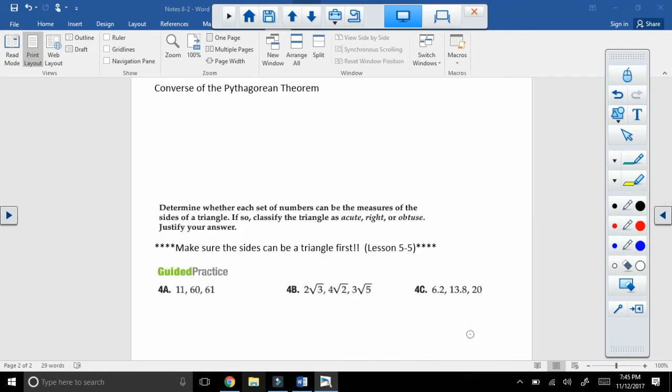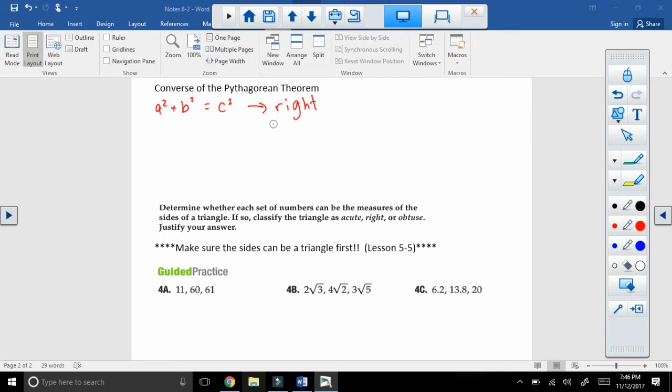And for this last part, the converse of the Pythagorean theorem, instead of starting out knowing that it's a right triangle and then saying that a squared plus b squared equals c squared, the converse would say if a squared plus b squared does equal c squared, so if you have all those sides and you know that first, then that will make it a right triangle.